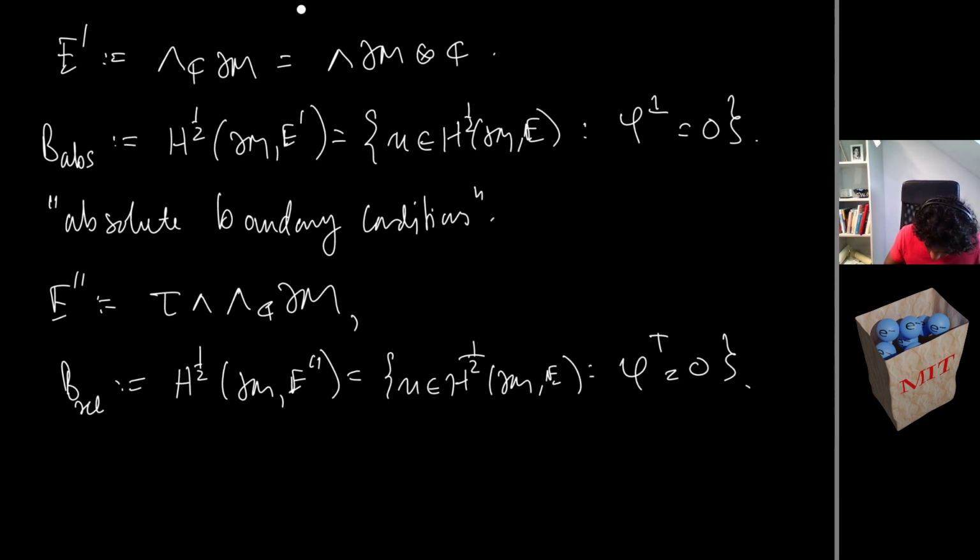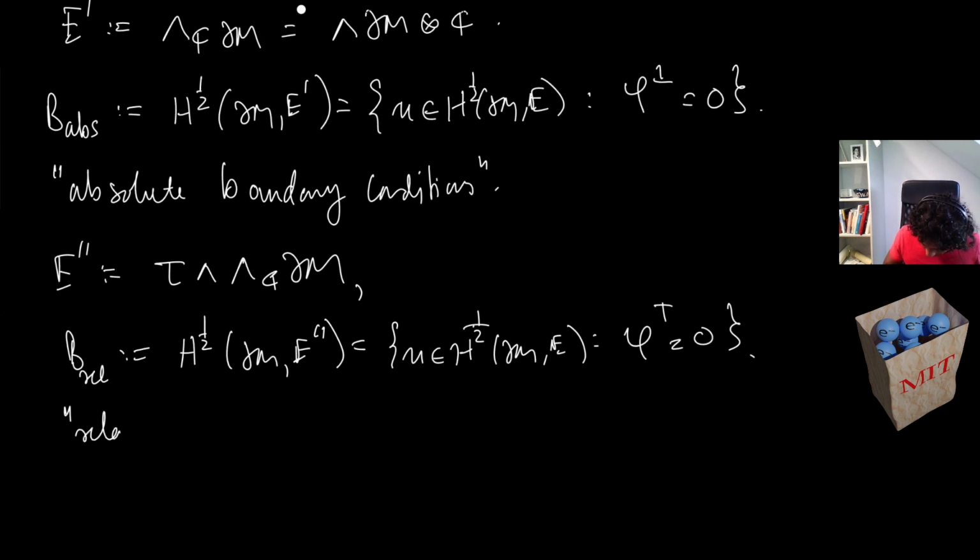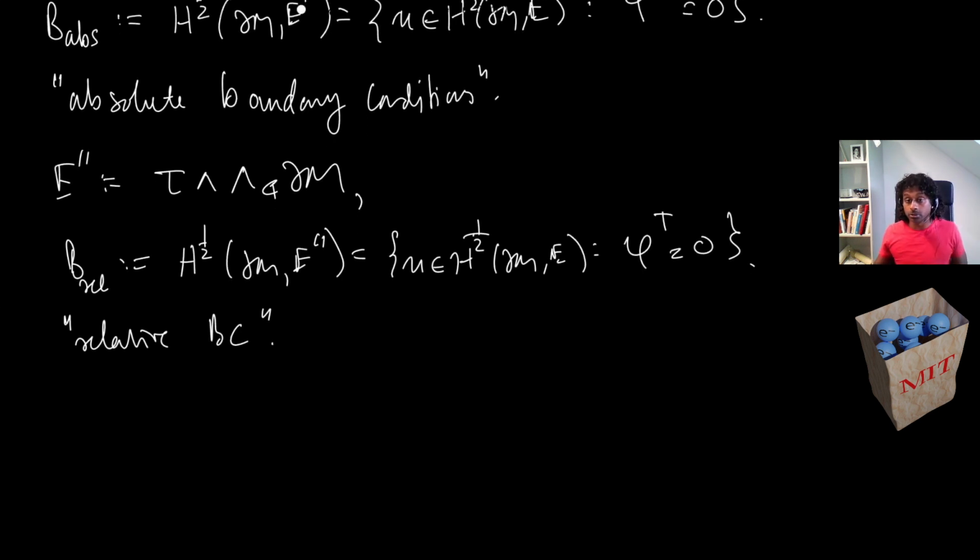These are two local boundary conditions for the Hodge-Dirac operator.